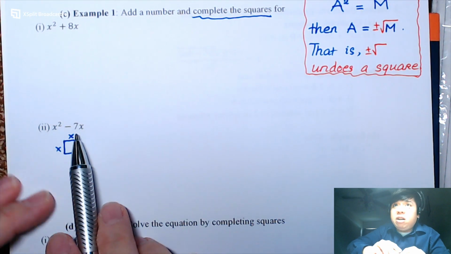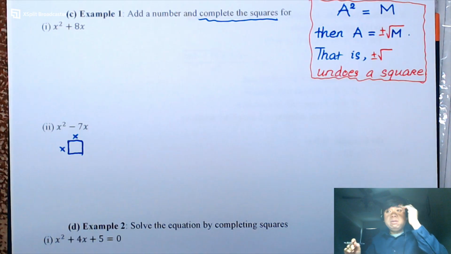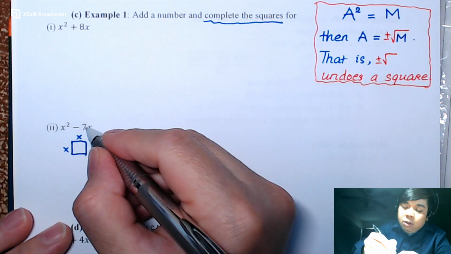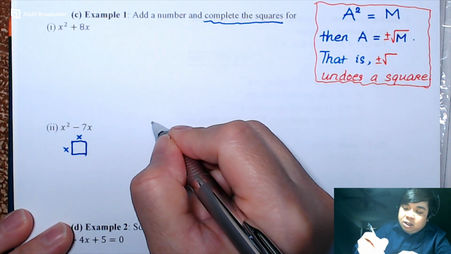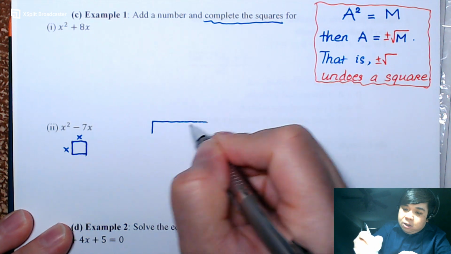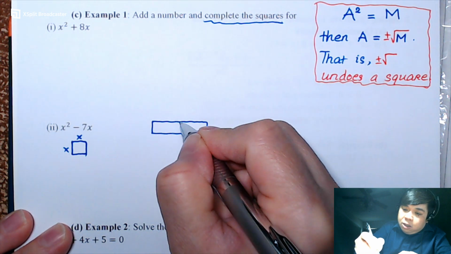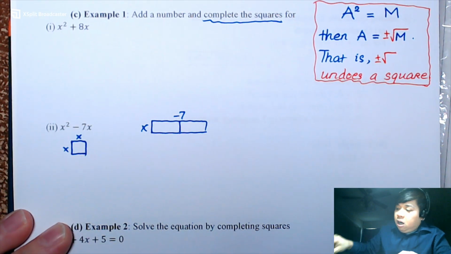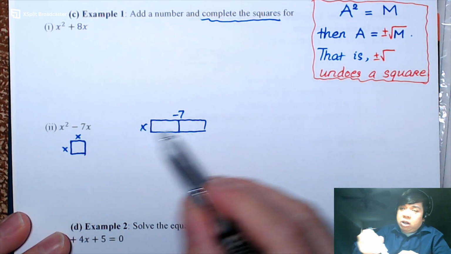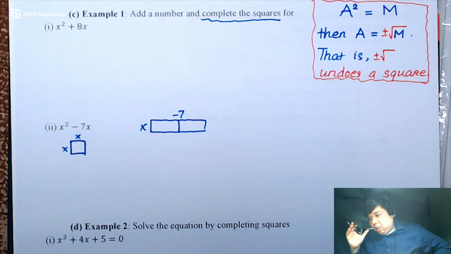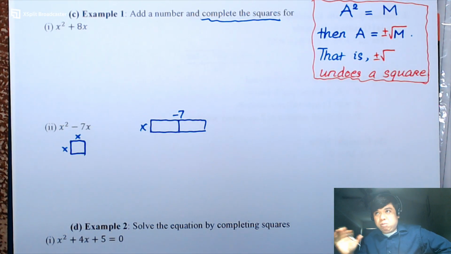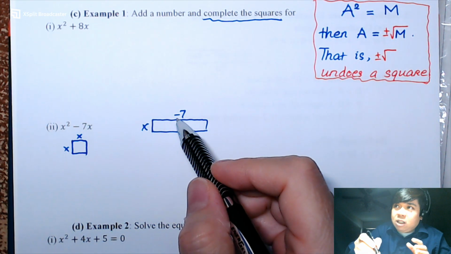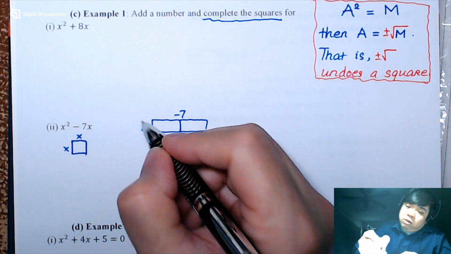And then the negative 7x, we can break that in half. The negative 7x is the whole area here. Again, usually area cannot be negative, but bear with me for a moment. Assume that visual, we just use negative 7.